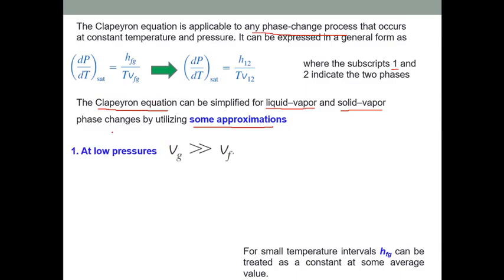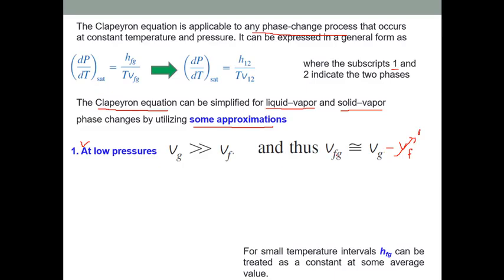One of the approximations is that at low pressure, the specific volume of the vapor is much higher than the specific volume of the saturated liquid, right? That means we can ignore vf. Since vfg is equal to vg minus vf, and vf is very small, we can ignore that.